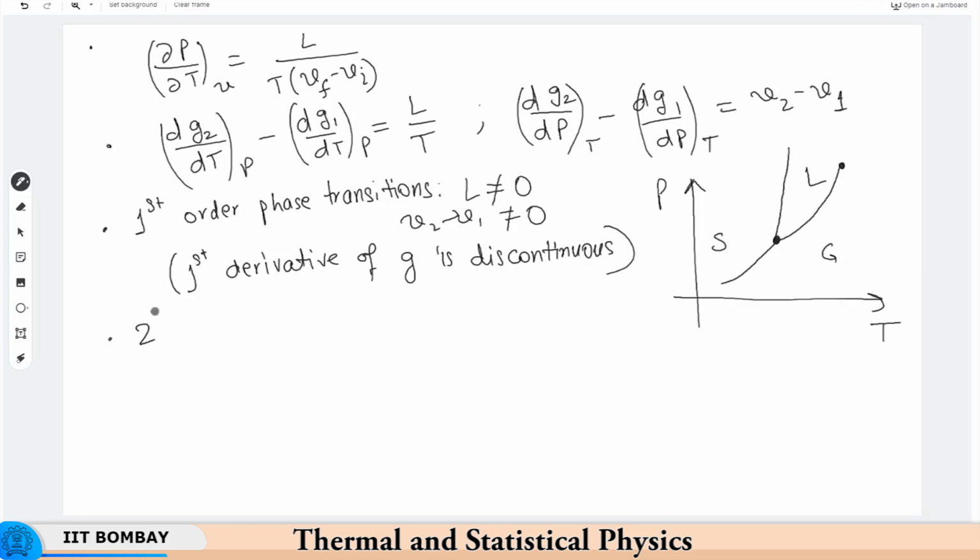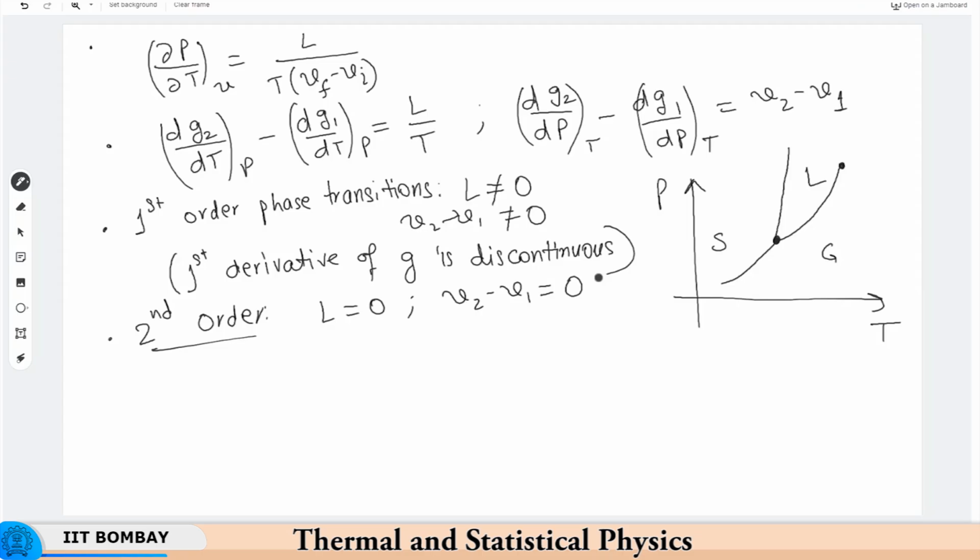The second thing that we did was the second order phase transition. This came from the observation that there are certain transitions where L is 0 and V2 minus V1 is also 0. So there are some transitions where there is no latent heat required and there is no change in specific volume or the density of the two phases.